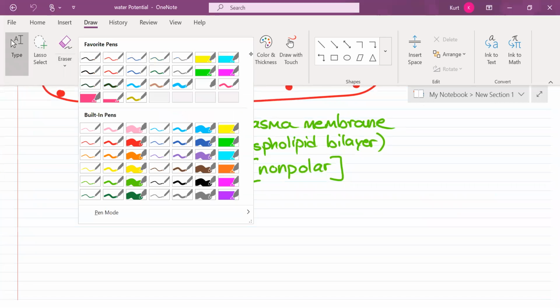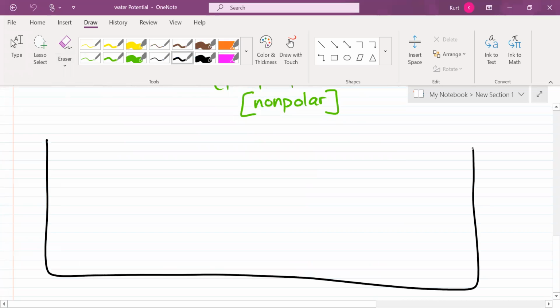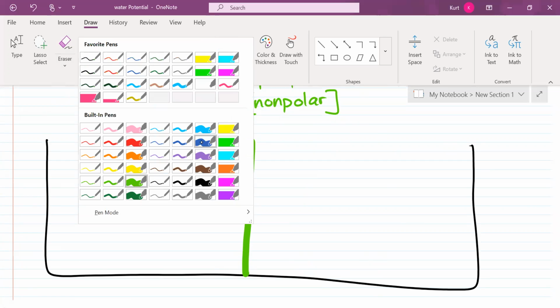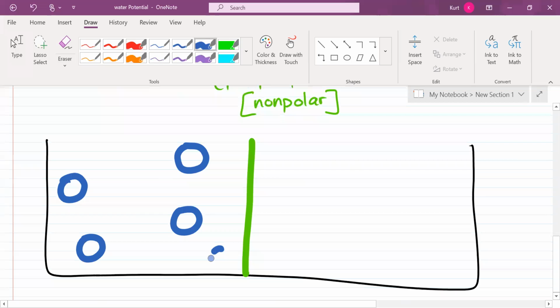Now, here's the hard way to try to figure this out, but it's worth knowing. Based on the shape, what molecule does it look like I'm drawing? I'm drawing water.